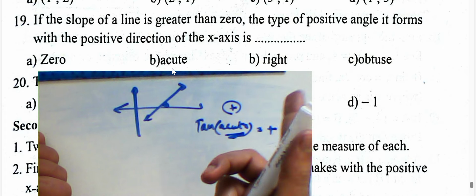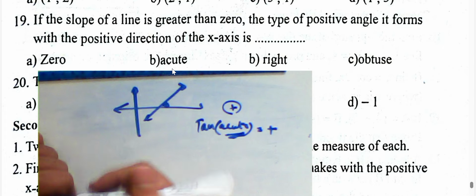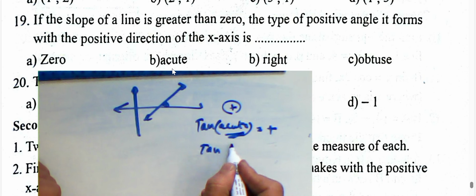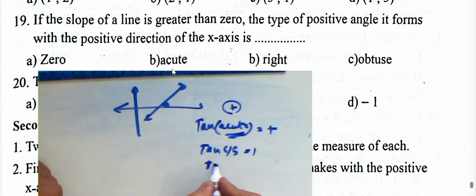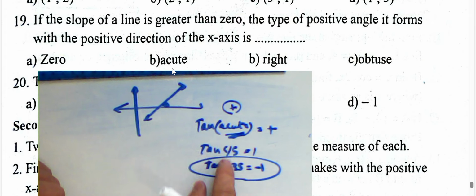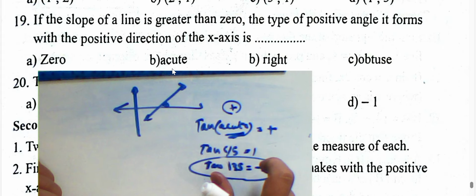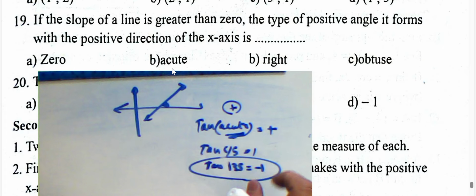Tan 45 equals 1, and tan 135 equals negative 1. The tangent of an acute angle, the slope, is positive, and the tangent of an obtuse angle is negative, so the angle converts from acute to obtuse.